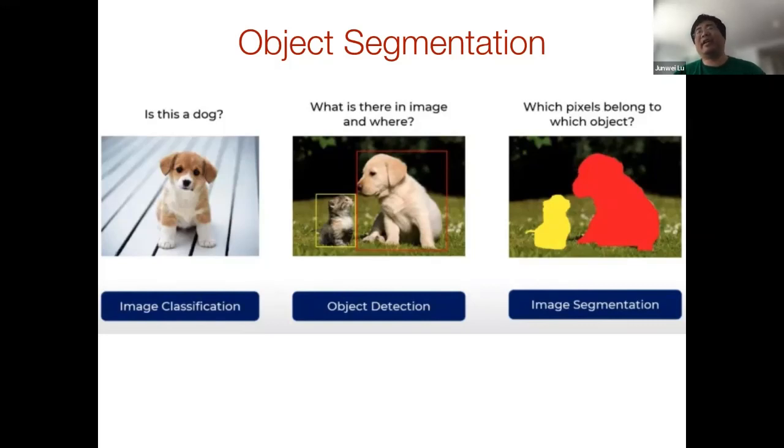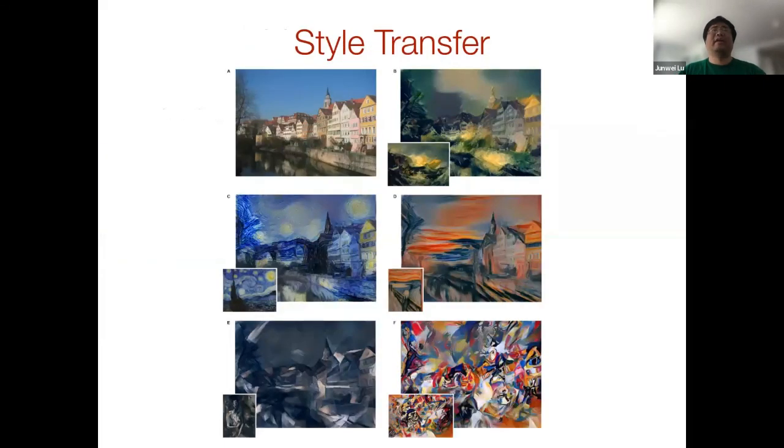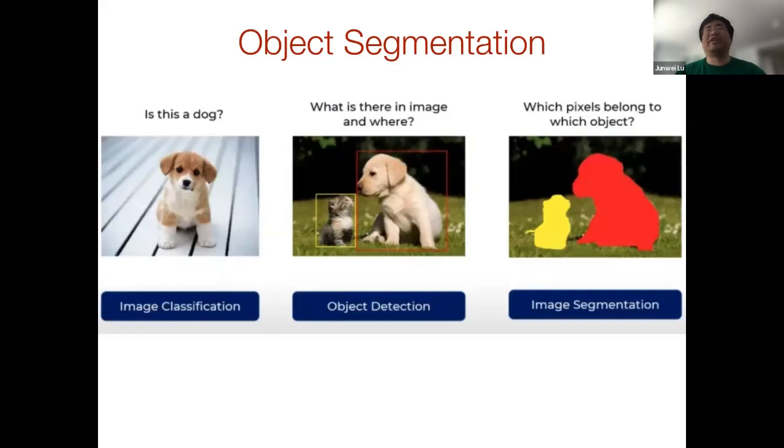What's in the images? There are probably some cats and dogs, and which pixels are a dog and which are a cat. And then the next one is about the relationship between a dog and a cat, right? So the tasks are more and more complicated, but you can see that the underlying idea starts from image classification.